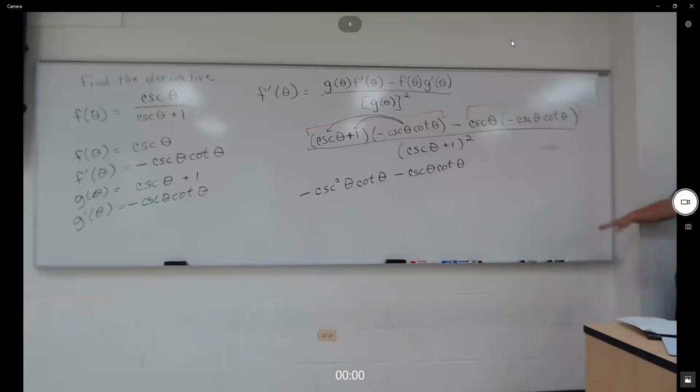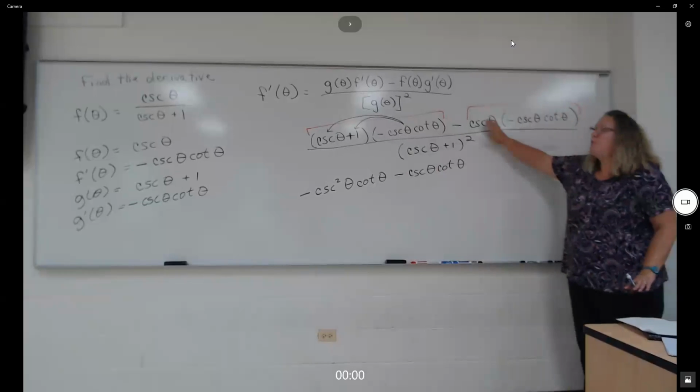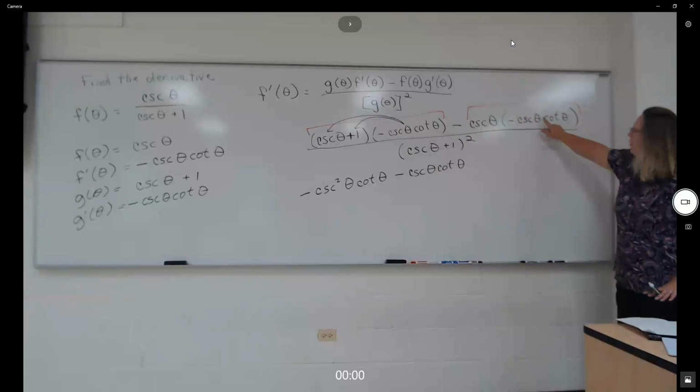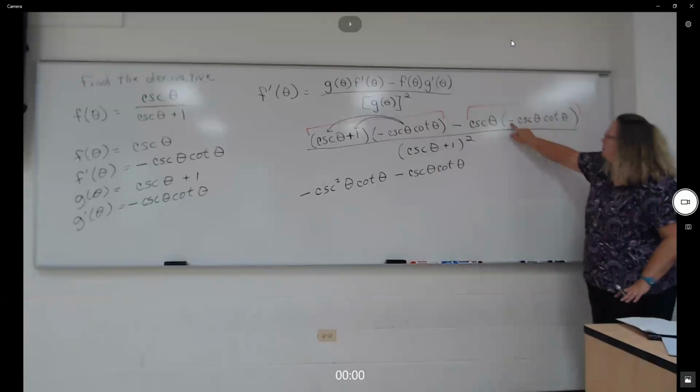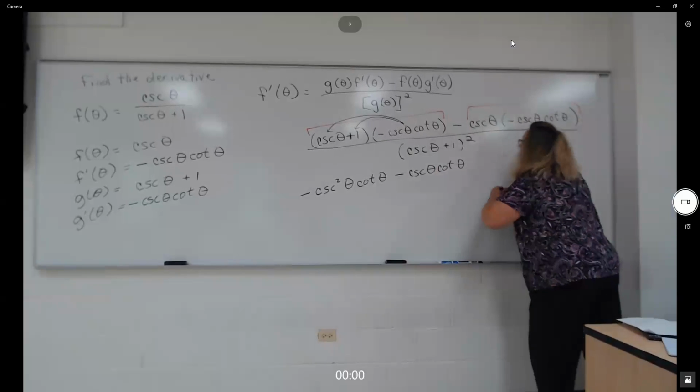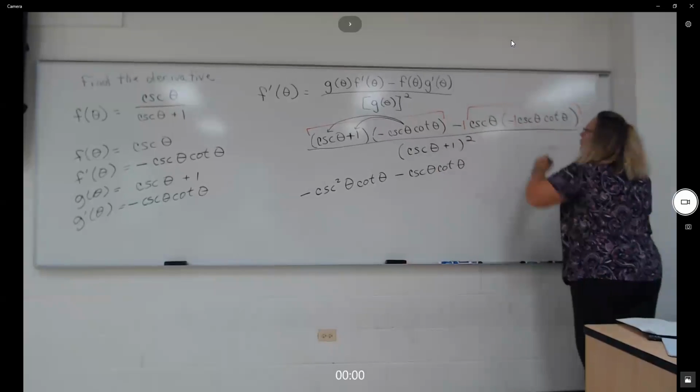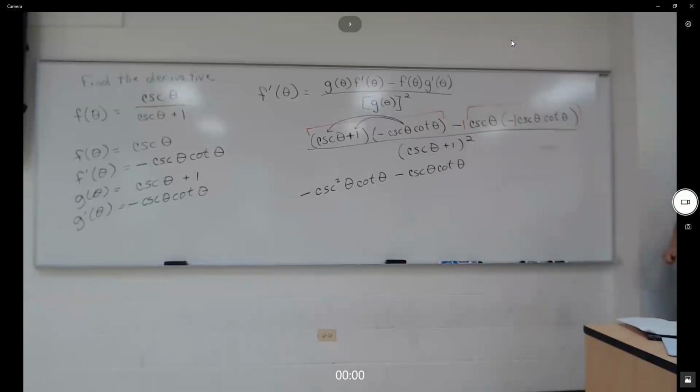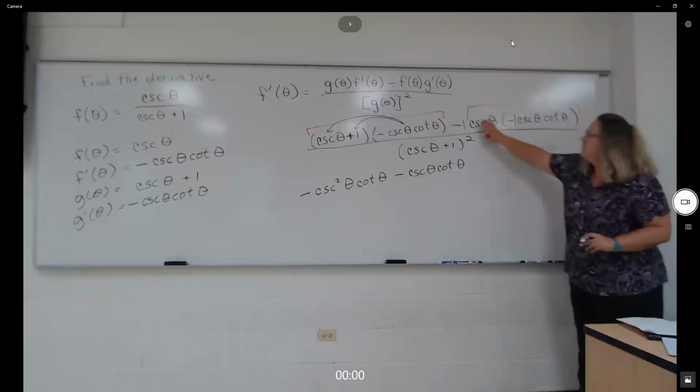Now over here, there's no distributing, because there's no plus sign here. This is all just multiplication. Think of this as like a -1 and another -1. We would multiply those. Everything over here is multiplication.